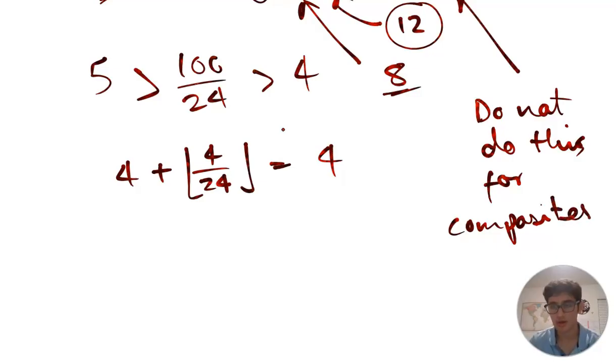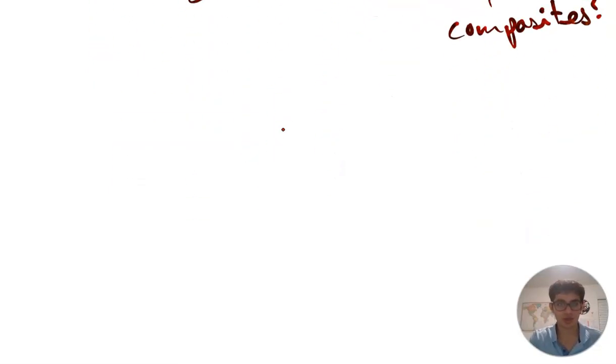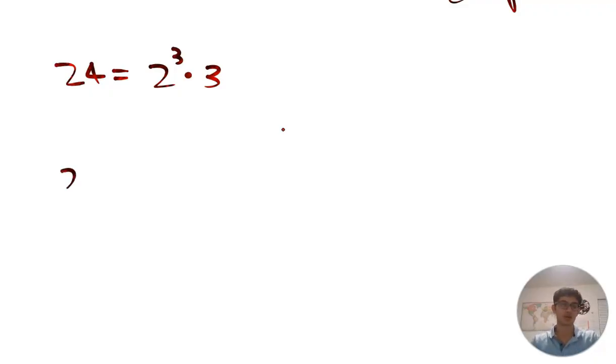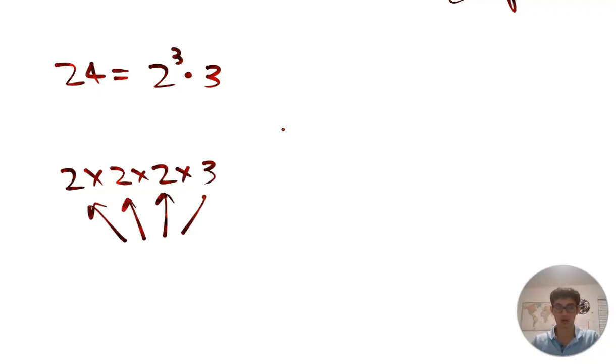What do we do though? There should still be some approach. We're not going to actually sit there and compute how many possible things come up, but we can take inspiration from what we did over here. First of all, 24 is not too complicated. It's 2 cubed times 3. So to have a multiple of 24, you need 2 times 2 times 2 times 3. Where you get these 2's is not of consequence as long as you find them in the 100 factorial.